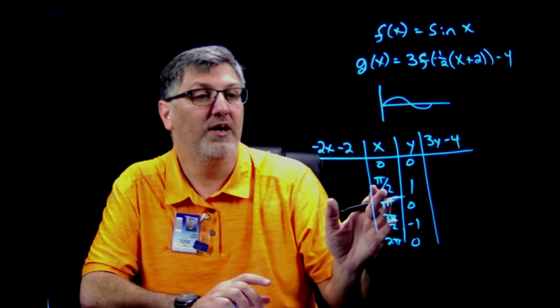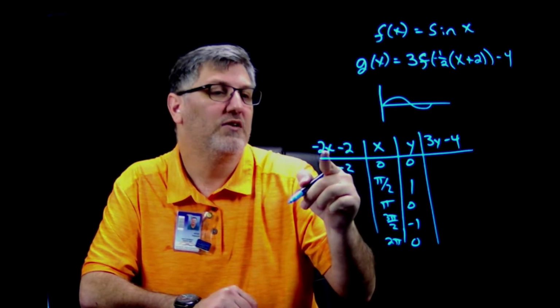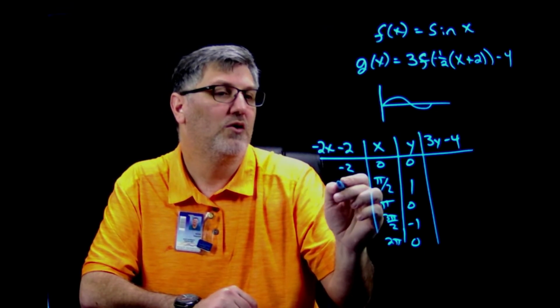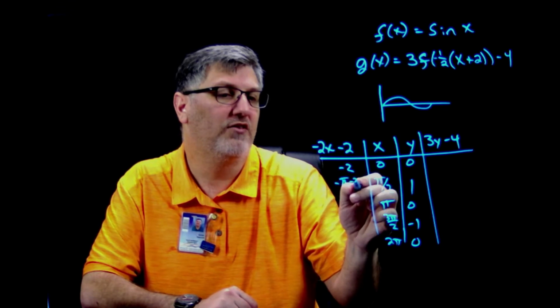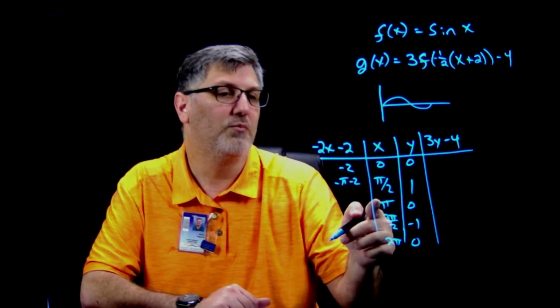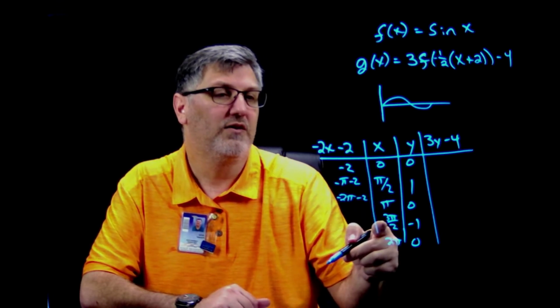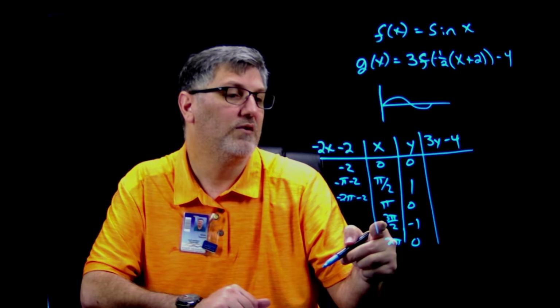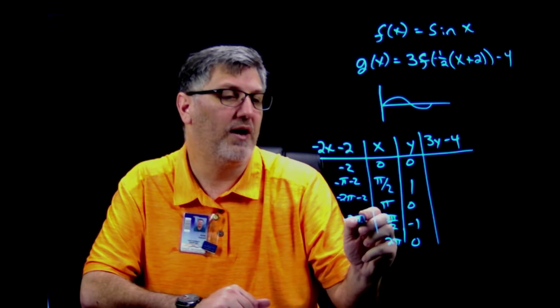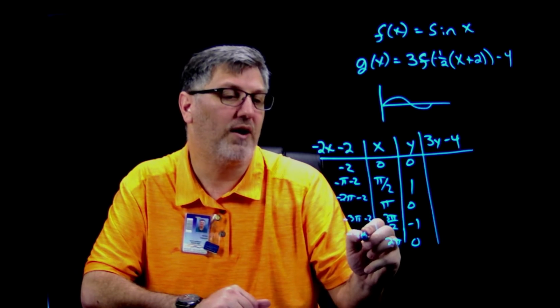So from here, I'm just going to plug in my values. This becomes negative 2. Let's see, this becomes negative pi minus 2, and I'll get a decimal for that here in a second. This gives me negative 2 pi minus 2. This gives me negative 3 pi minus 2, and then this will give me negative 4 pi minus 2.